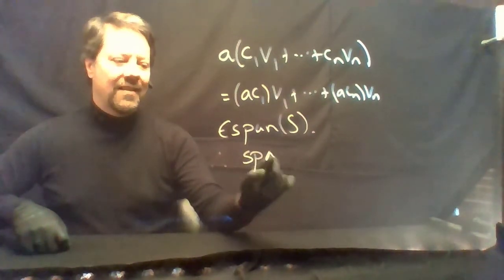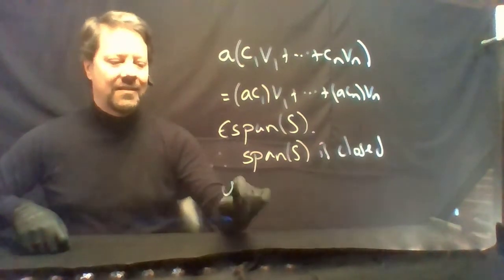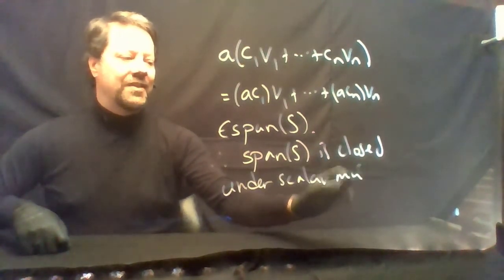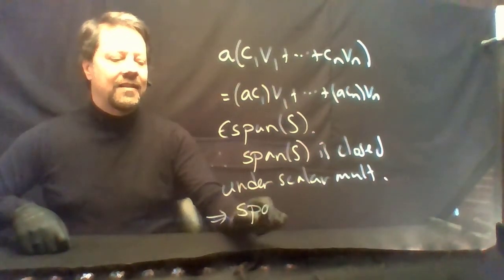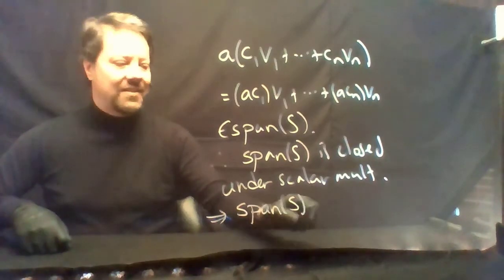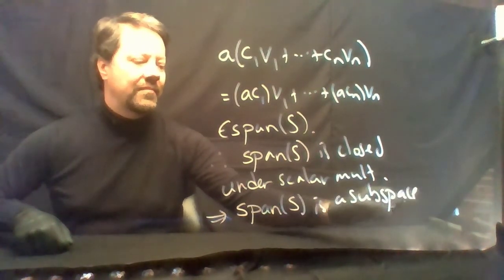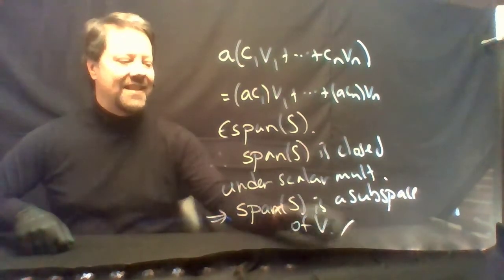Therefore, the span is closed under scalar multiplication. We deduce then that the span of a set S is a subspace of the larger vector space V. And that's the end of the proof.